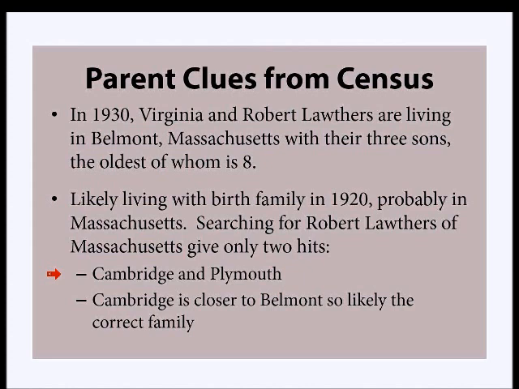Now, I didn't have to use the New England book and the maps, but Cambridge is quite close to Belmont. So I am betting that the family in Cambridge is the birth family of Robert Lawthers, and yes, it is. So you can use the census to identify possible parents, which you can then verify through other tools.